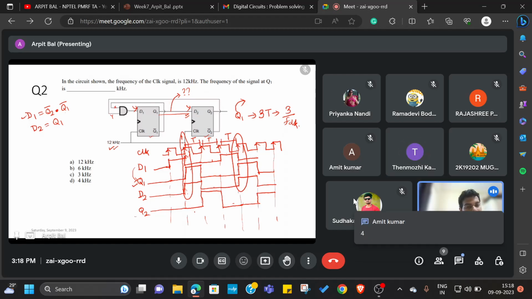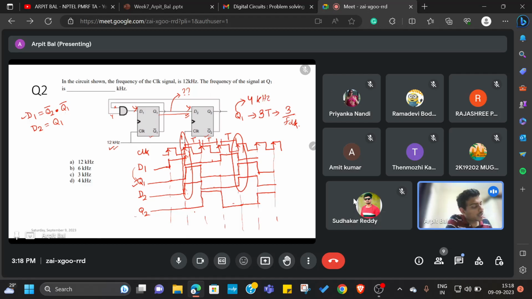Yeah, 1 by 4 is the period. Then 4 kilohertz, correct. Because 3 by f clock is the period, the frequency of q1 will be f clock by 3, and f clock is given as 12 kilohertz. So 12 kilohertz by 3, that is 4 kilohertz.